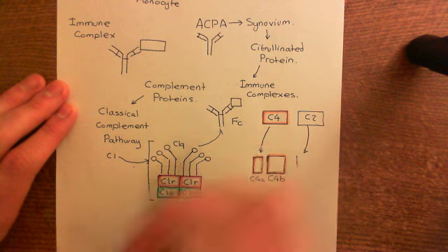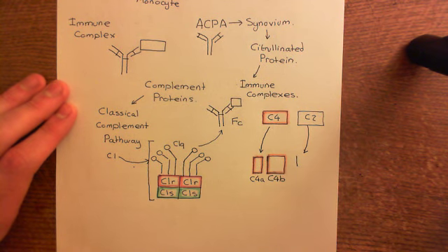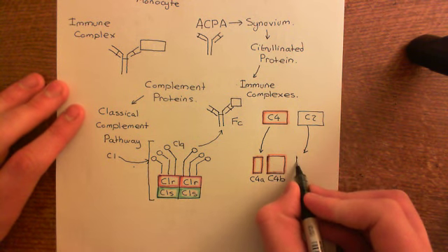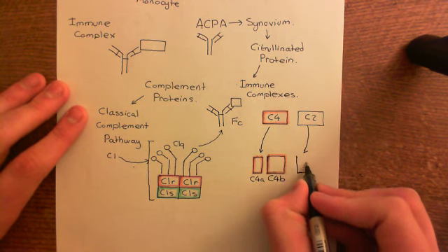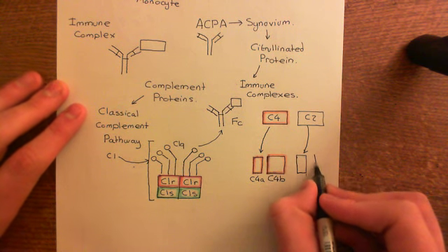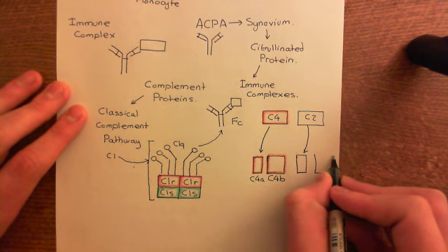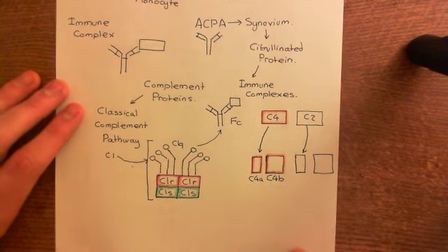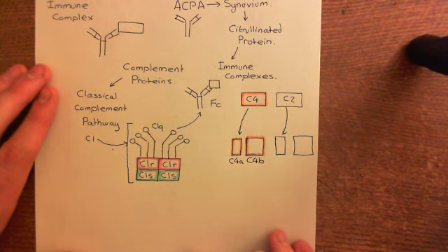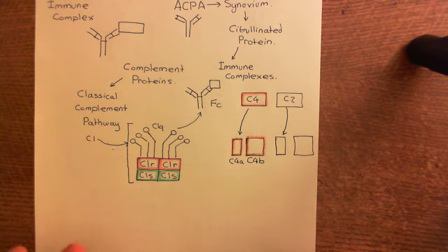So once this C1 has bound to the Fc region of this antibody involved in the immune complex, it will start breaking down C4 into two portions and also C2 into two portions. So here is C2, and this is where there is a terrible piece of nomenclature. There are two ways of naming the fragments of C2.